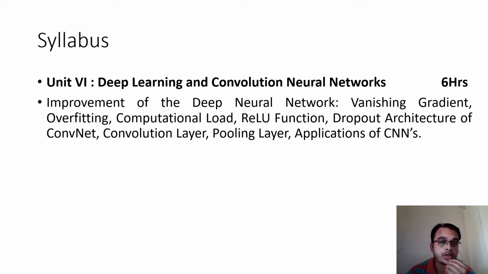Then convolutional layers: how the convolutional neural layers are formed, and the mathematics behind them. And then the pooling layer, and how to apply that pooling layer to find the final neural network which is based on a convolutional system. And finally the applications based on the CNN.